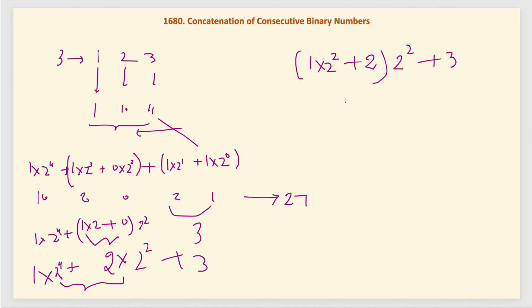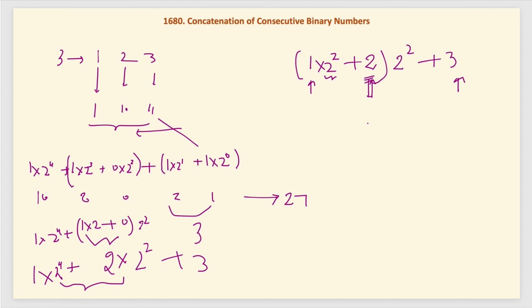So if you see, there is a pattern. This is our ith number, like 1, and over here 2, then over here 3. So what we are doing here is every time multiplying by 2 raised to some power. How is this power coming? This power comes from the size of the next number we are adding, in binary.